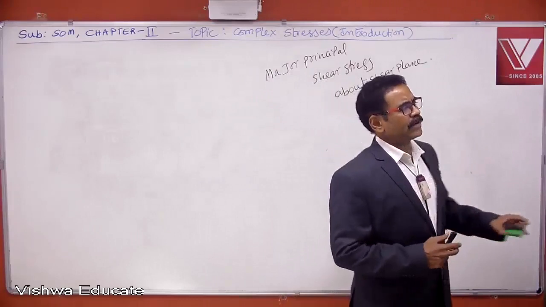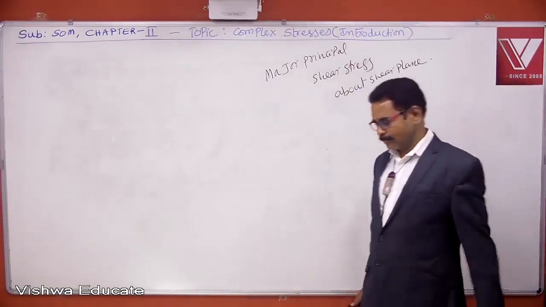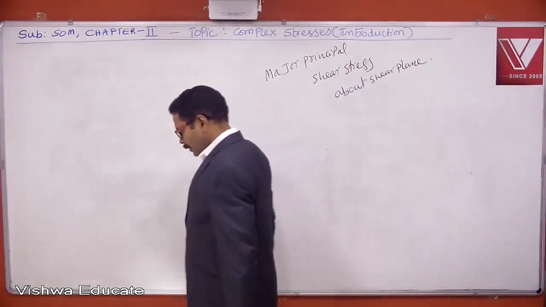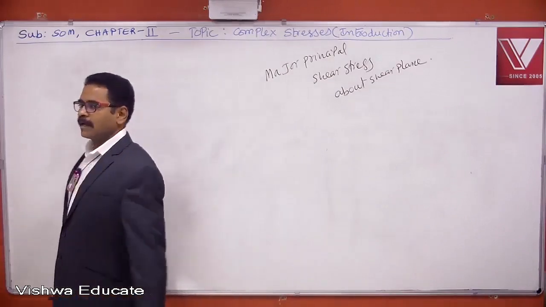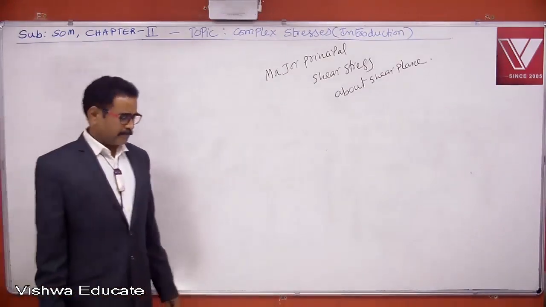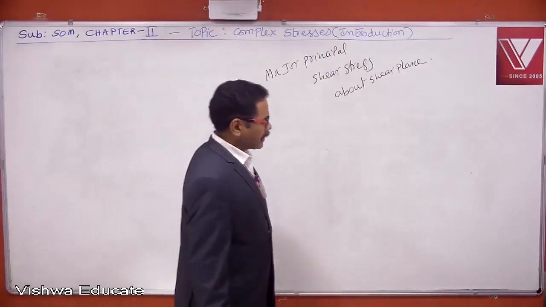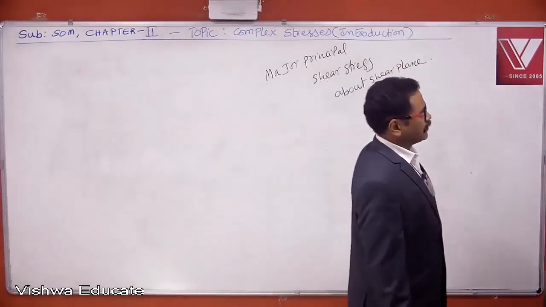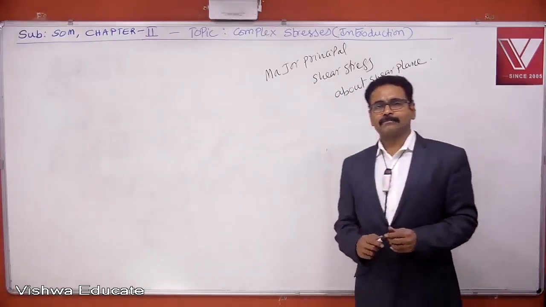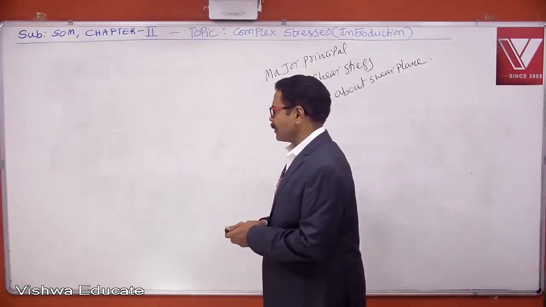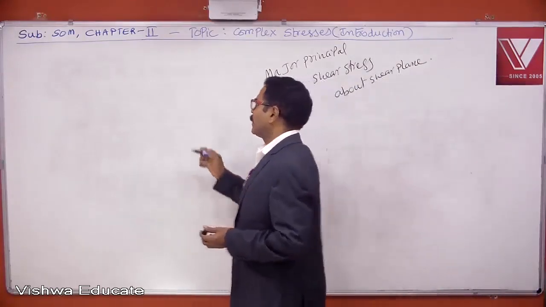The angle between any two shear planes is 90 degrees.